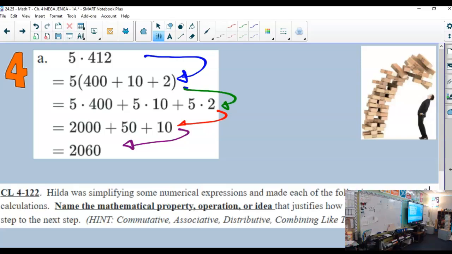Lakin, this is your guys' problem, right? Like you picked this? So we're trying to figure out what's happening for each step. And it means these words: commutative, associative, distributive, and combining terms.